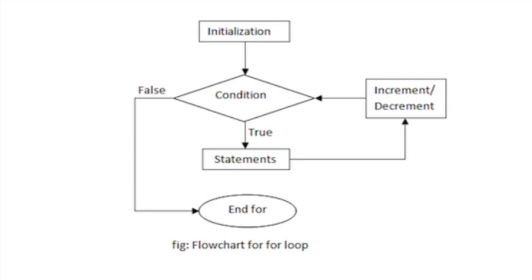This condition will be checked, and the loop will continue while the condition is still true. It will go out from the loop if the condition is false, and then continue with the rest of the code. You also have the increment or decrement, because you need to make sure the condition becomes false at a certain point, otherwise it will become an infinite loop.